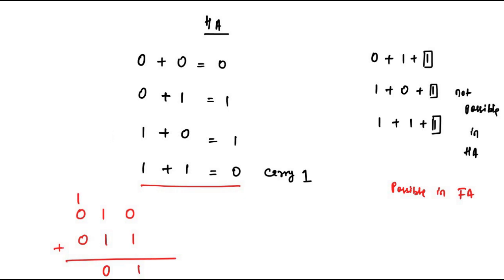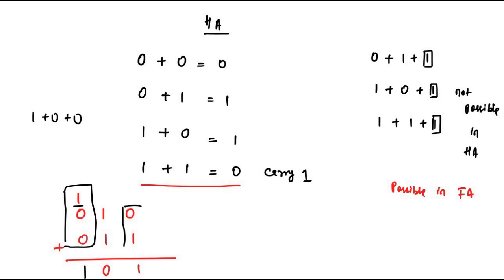But here if you see, there are 3 bits in total, 2 0 bits and a carry bit. So it is 1 plus 0 plus 0. So 0 plus 0 is 0, 0 plus 1 is 1. These kinds of operations are handled by the full adder circuitry, whereas the other kinds of operations can be handled with a half adder circuitry, combinational logic circuit.